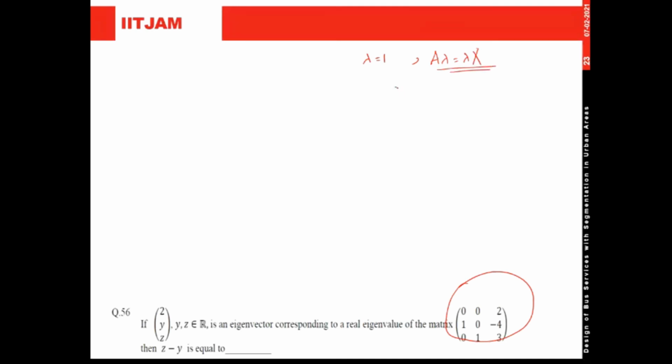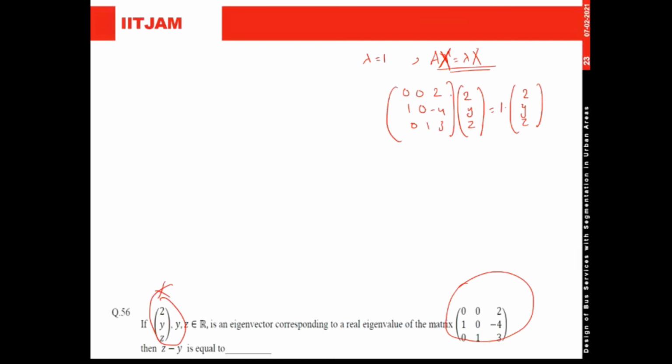So here A is [0, 0, 2; 1, 0, -4; 0, 1, 3] times our eigenvector x, which is (x, y, z), is equal to the eigenvalue 1 times (x, y, z).